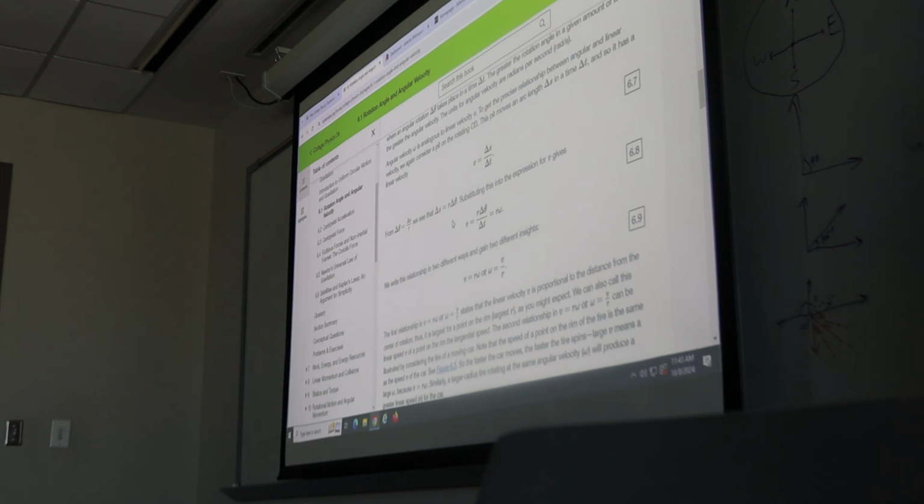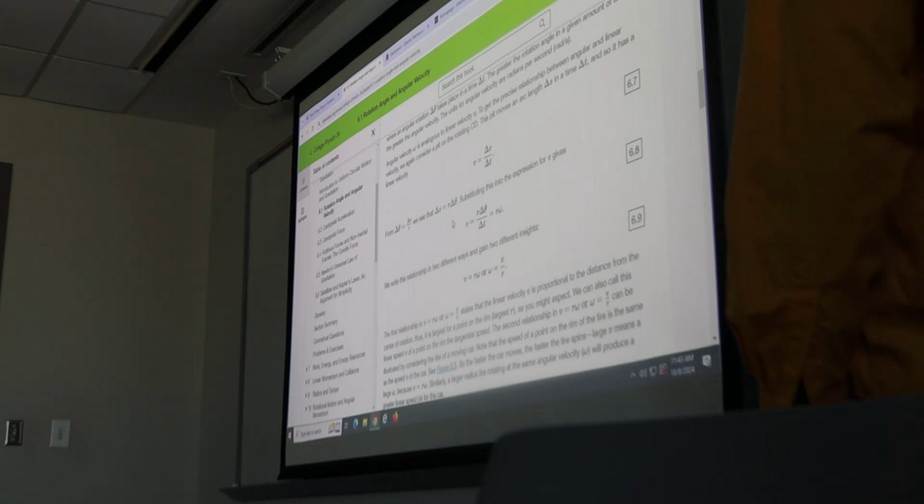But when we put in our radius and our angular velocity to find our linear velocity, all I need to do is put meters per second, which makes sense.